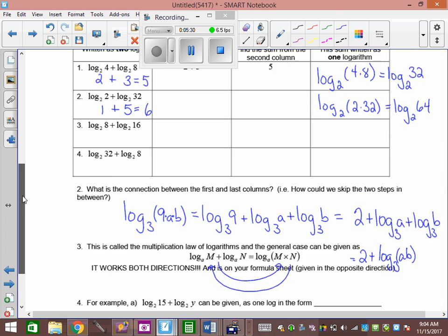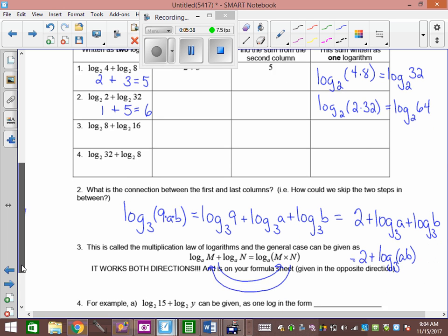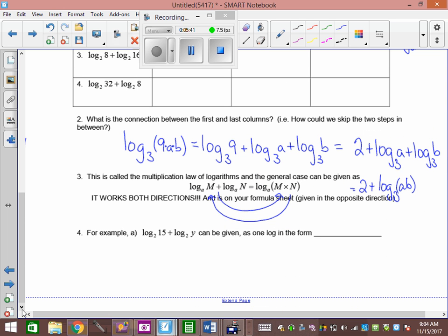So for these ones up here, you'd say, well, why wouldn't we just do the math? Well, they're never going to give you ones that are just numbers. They're going to give you variables so that you can't just go do the math, right? So looking at number 4 here, it says, for example, log base 2 of 15 plus log base 2 of y can be given as 1 log in the form what? So they want it as a single log.